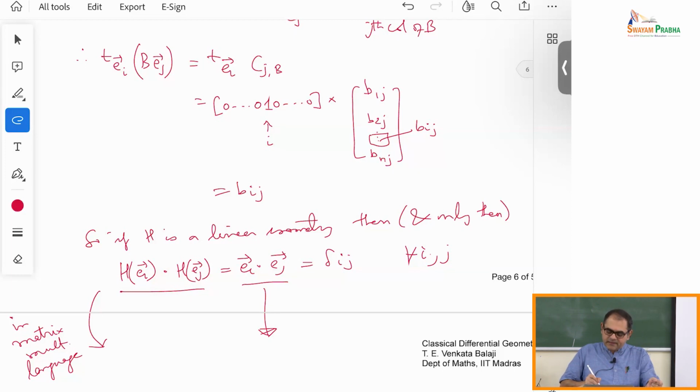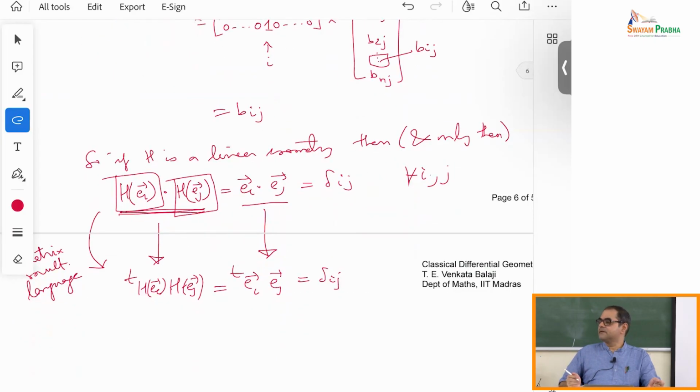So this guy here will be transpose Ei into Ej. I am not putting anything in between; it is just matrix multiplication, and this is of course delta ij. In the same way, H Ei is a vector, H Ej is another vector. Then this is going to be transpose H Ei into H Ej.